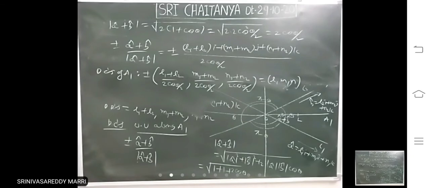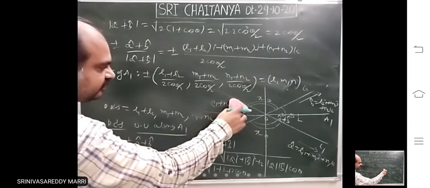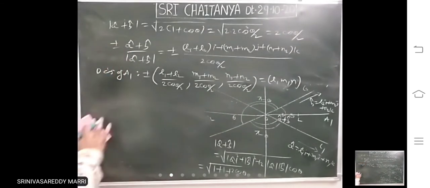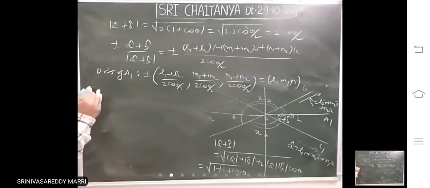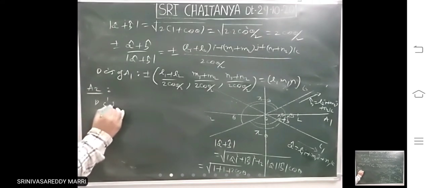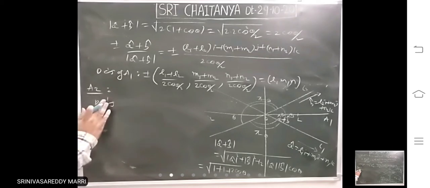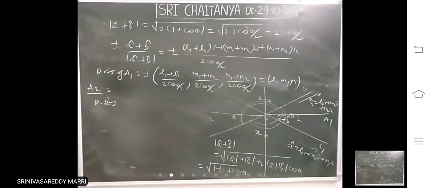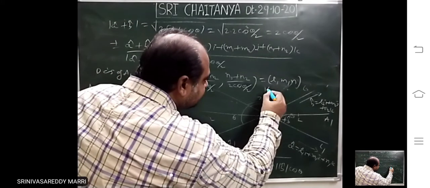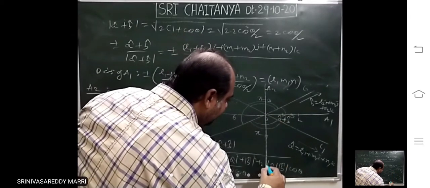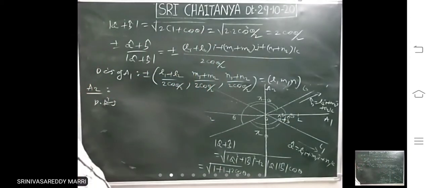Next we will calculate for A2. For A2, we first calculate the DRs and then the DCs. For A2, you have to calculate one vector along that line.